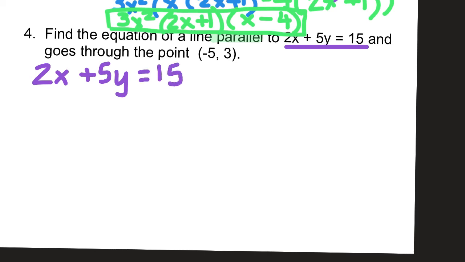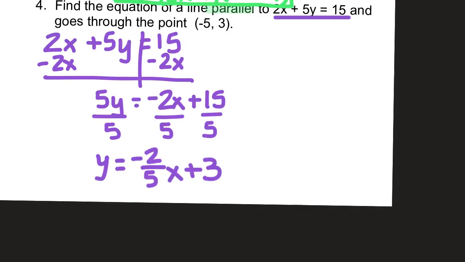Please pause the video here while you put it in slope-intercept form. Now we can see that the slope of this line is negative 2/5. So I'm going to write that down. And if we have a line parallel to this line, they're going to have the same slope.